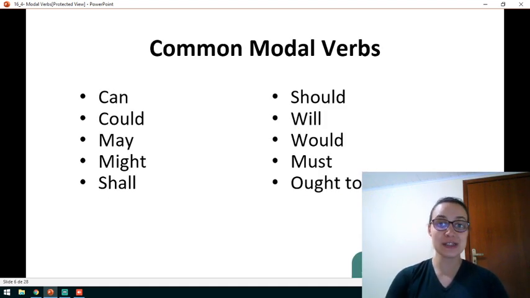All right, so let's look here. Some common modal verbs. Here we have 10 examples of modal verbs that we most commonly use: can, could, may, might, shall, should, will, would, must, and ought to.